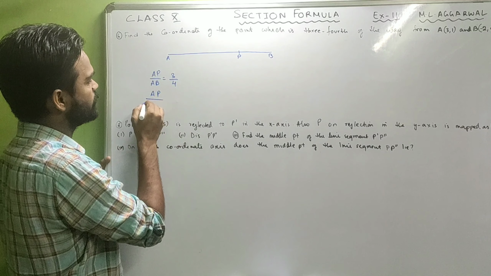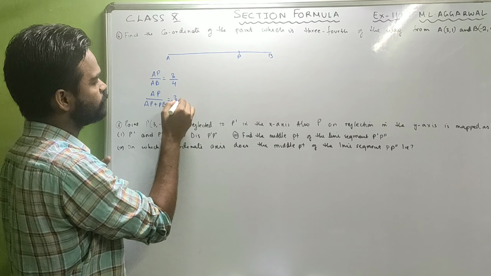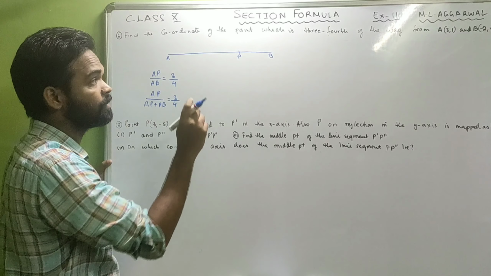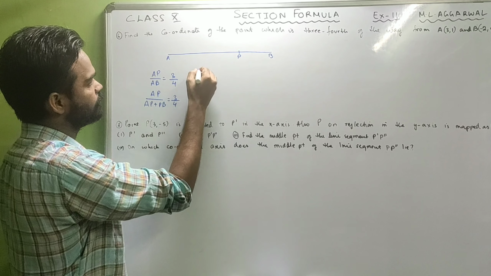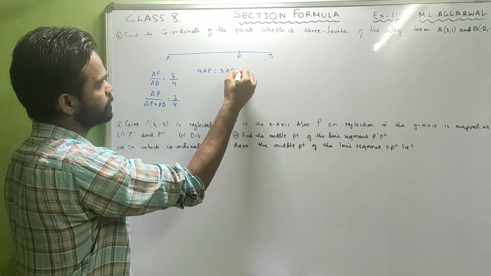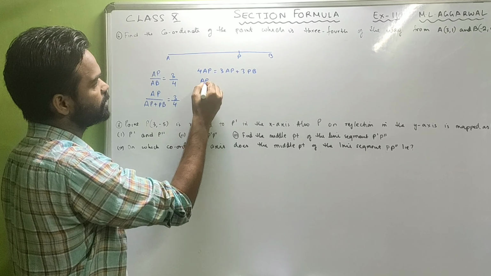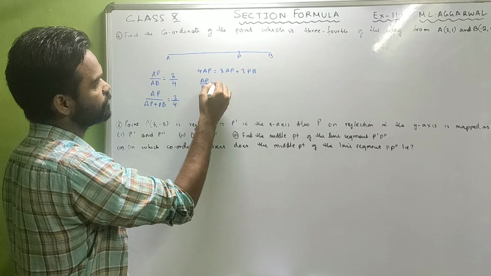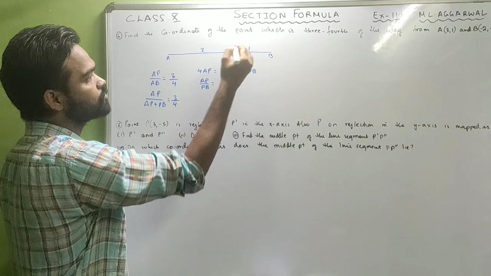Then AB I can write AP plus PB. See, actually we want the ratio of AP is to PB. So when we solve it, 4 times AP equals 3 times AP plus 3 times PB, which means AP by PB is 3:1, which means the ratio is 3:1.